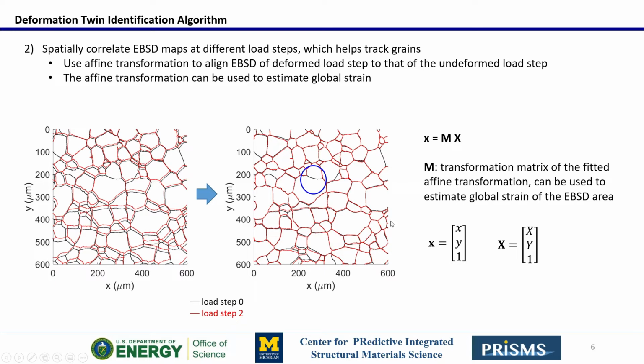Observation of this type of map helps us to recognize another problem. That is, some grains are not defined in a consistent manner. For example, this grain boundary only shows on the map at one load step, but not on the other.